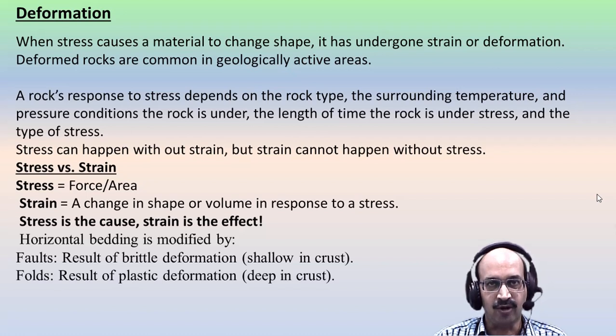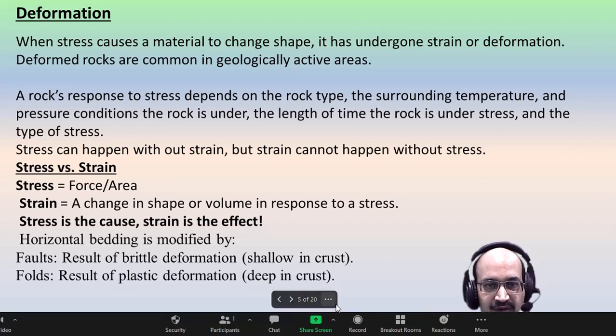A horizontal bedding can be modified as a result of brittle deformation in terms of a geological structure which we call fault, and as a result of plastic deformation into a geological structure which we call folds.